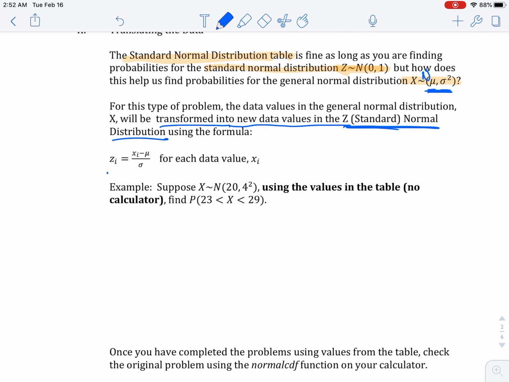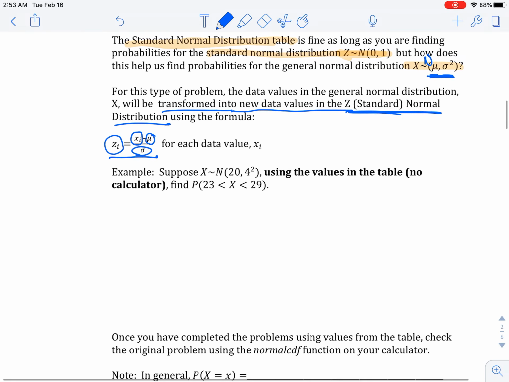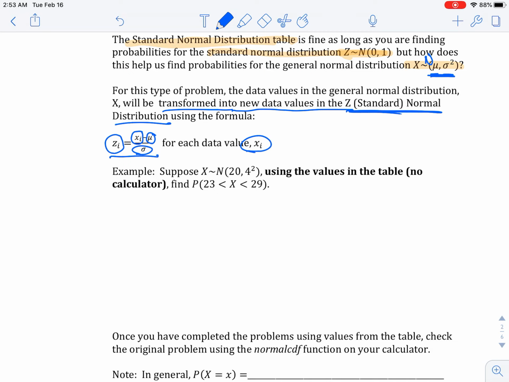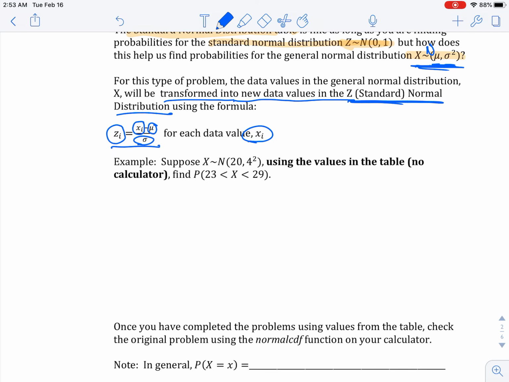And we're going to do it according to this formula. So our z-score, z sub i, is going to be whatever our x score, x sub i, minus the mean, divided by the standard deviation, for each data value x sub i.